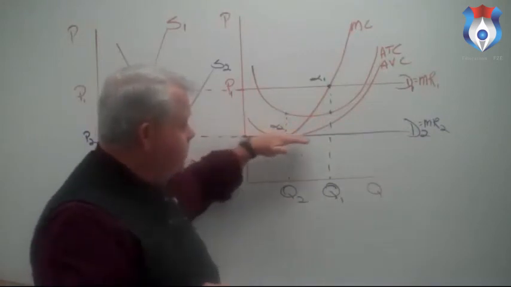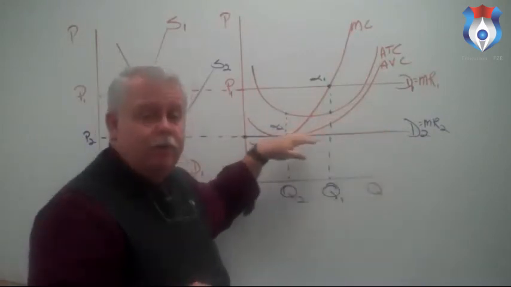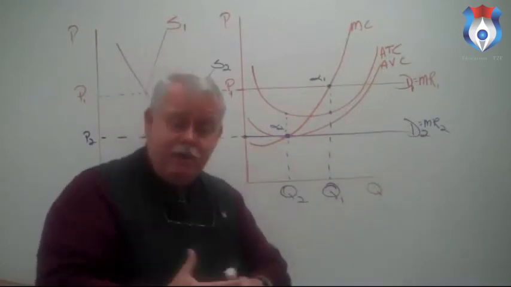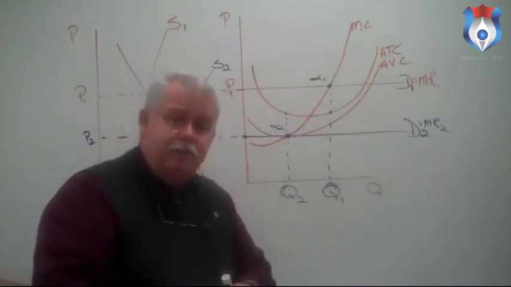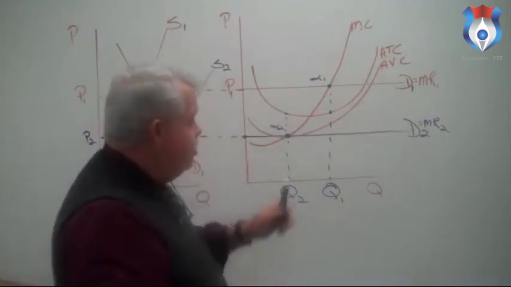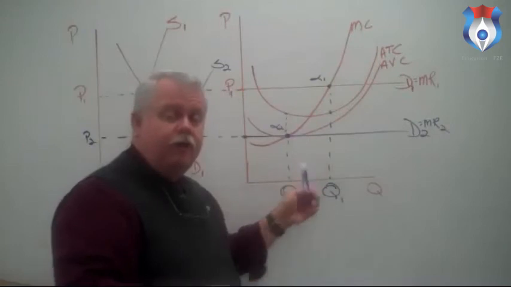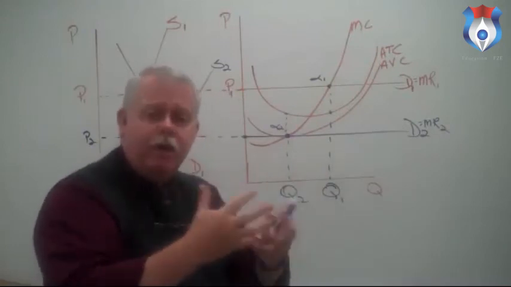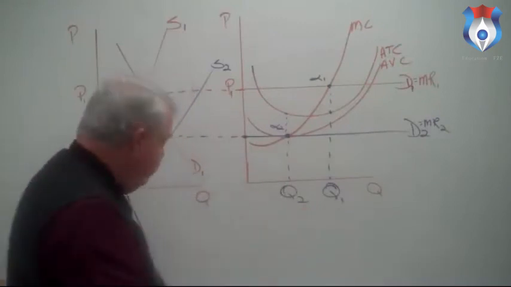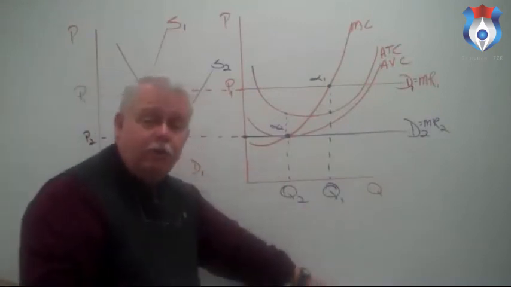Now, how long can the firm continue to function at this level? It's going to depend on basically how much money they've got in the bank to continue to fund themselves to keep operating. Eventually, though, if the average company looks like this, some of them and then more of them are going to go out of business. And as you have a reduction in the number of sellers in this industry, what happens over in the industry curves?